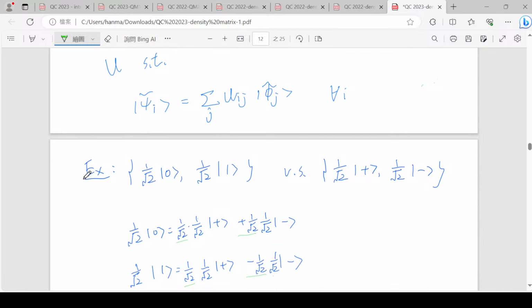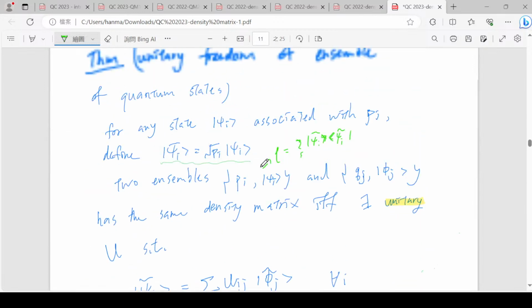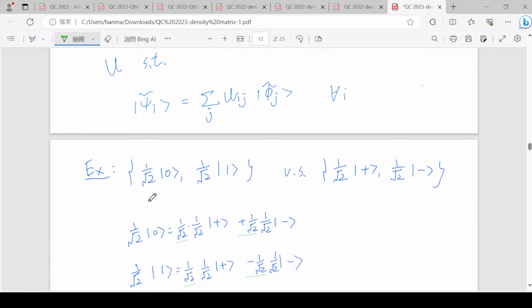Let's see an example, the one we had before. Our first ensemble has 0 and 1, and the other has plus and minus, so the corresponding tilde states should be these normalized states: 1 over square root 2 of 0 and 1 over square root 2 of 1, and 1 over square root 2 of plus and 1 over square root 2 of minus.